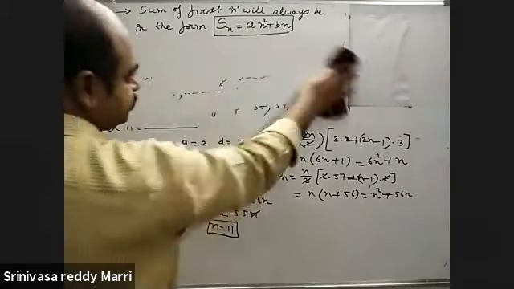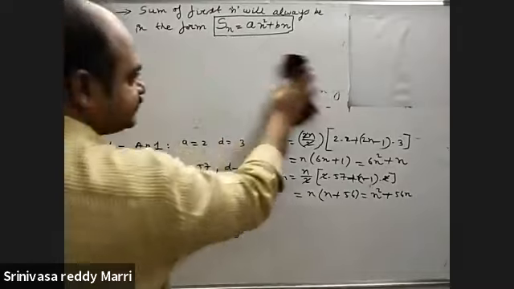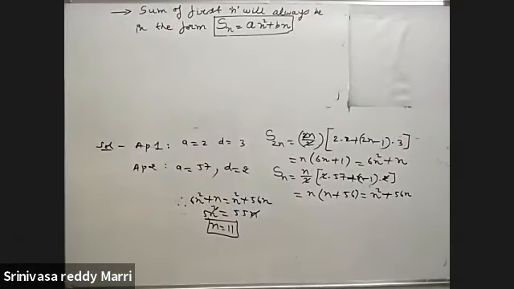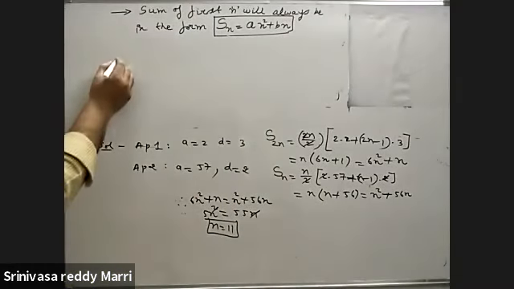Look at this. If the sum of n terms is given, how do we find the first term and common difference?